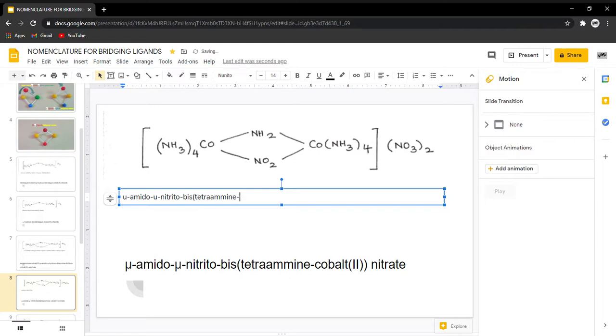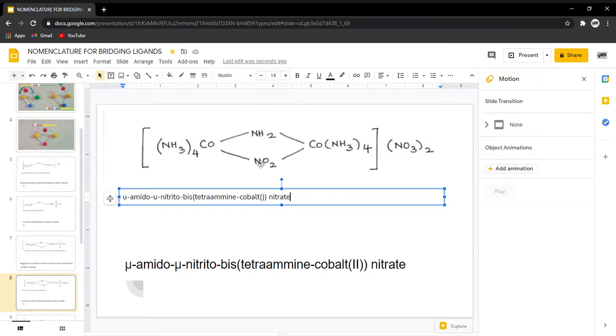And tetraamine cobalt, am I right? Cobalt, open the brackets, then leave some space, put nitrate, since that is outside the entity. Okay, now this is neutral, this is neutral, this is also neutral. Don't focus on those ligands for calculation of the oxidation state.